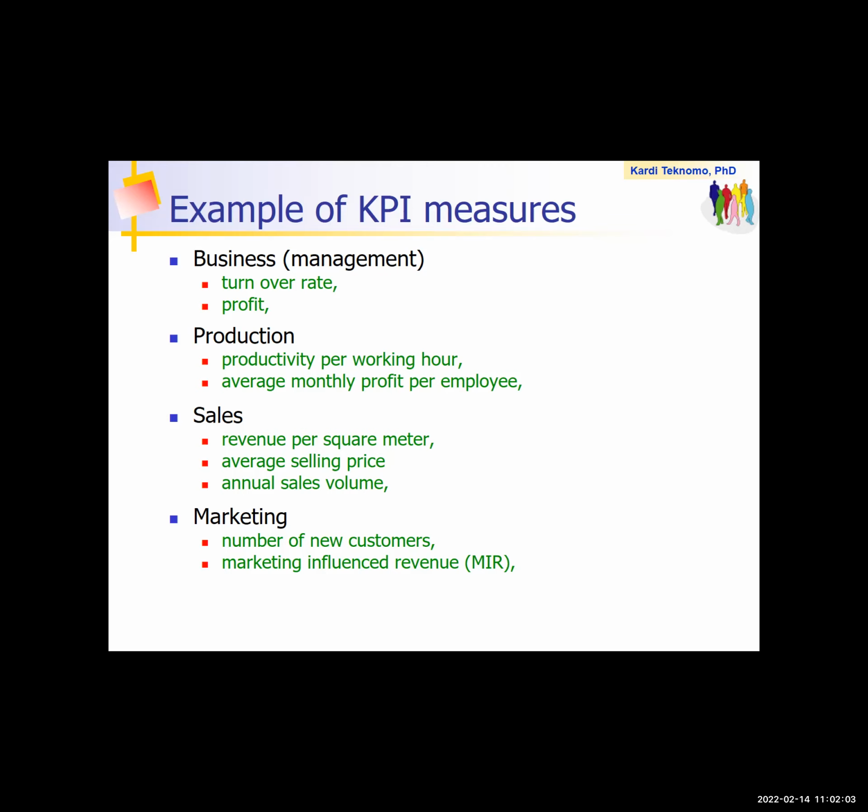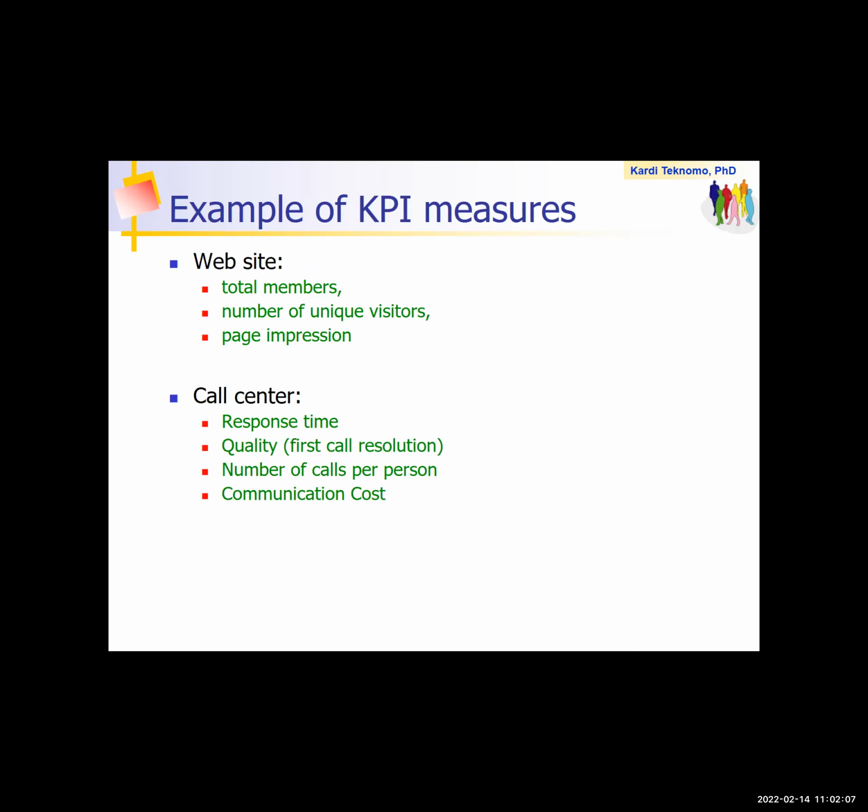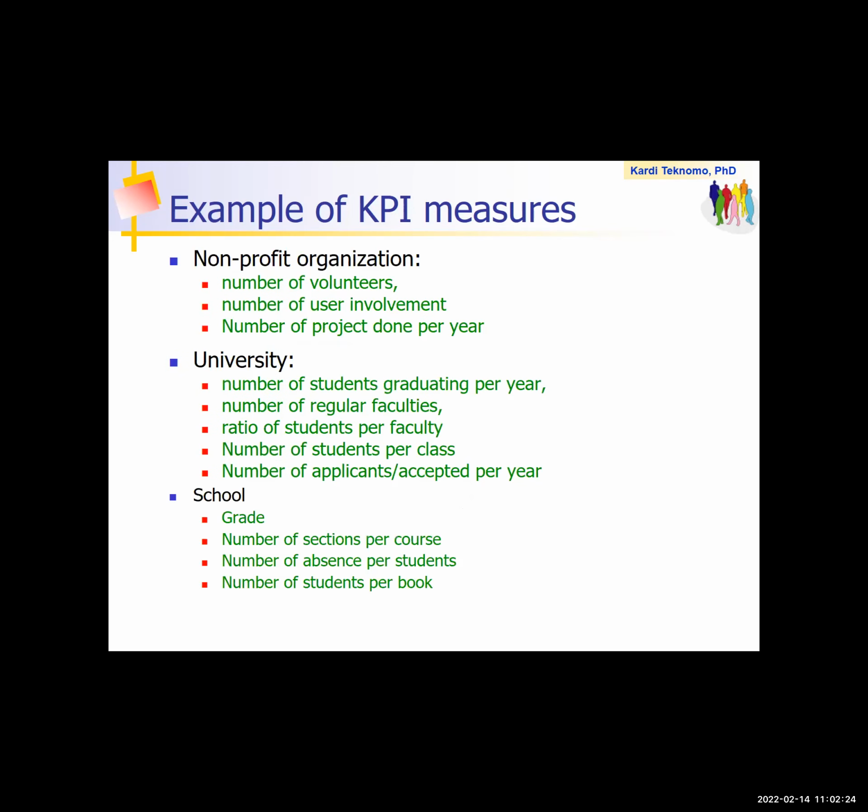You can read them by yourself, you can copy, you can also develop on your own. For example, if you are making a website, probably you want to know the total members, the unique visitors, paid impressions, and so on. Sometimes the KPI can be customer oriented or non-customer oriented. It's up to you to define your KPI.